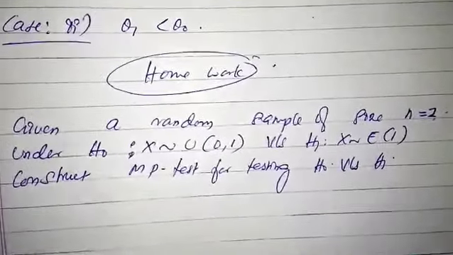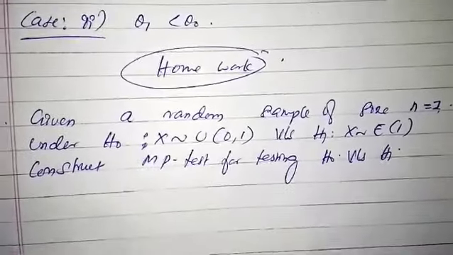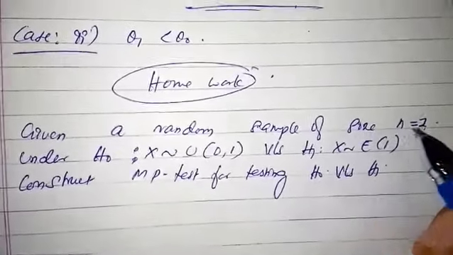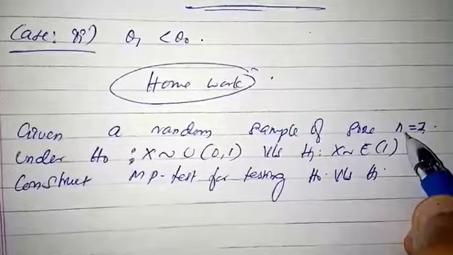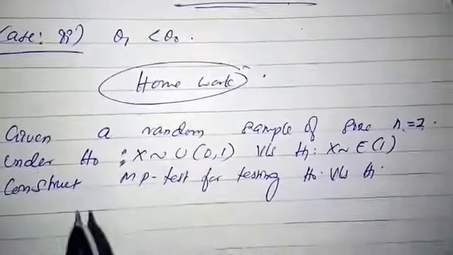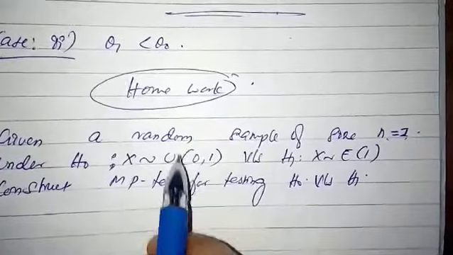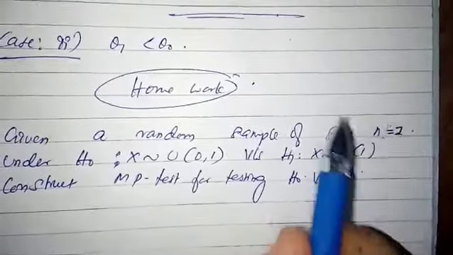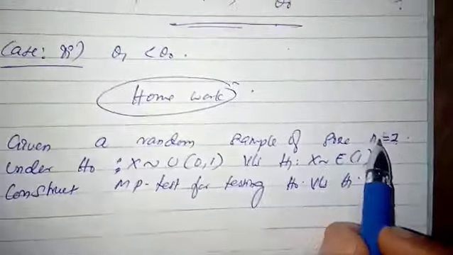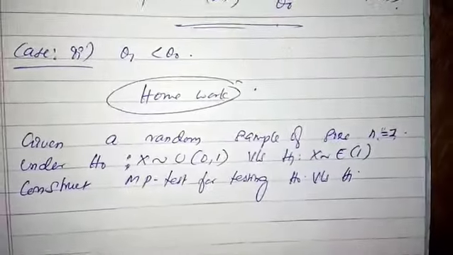Okay, so here is a case of size 1, right? And here it also mentions the two distributions. Under h naught, x is a single random variable, right? Here n equal to 1, that is a single random variable.